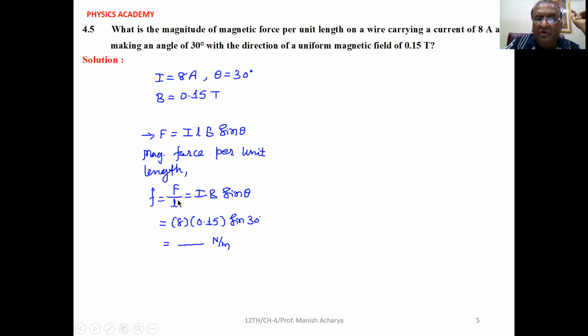So force upon length will give you the force per unit length, that is IB sine theta. I is given to you as 8 ampere, theta is 30, so sine 30, and B is 0.15. Now solve this one, you will get the answer. Clear to all of you?